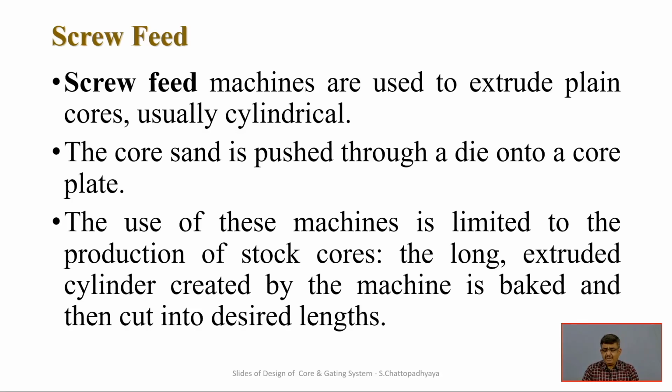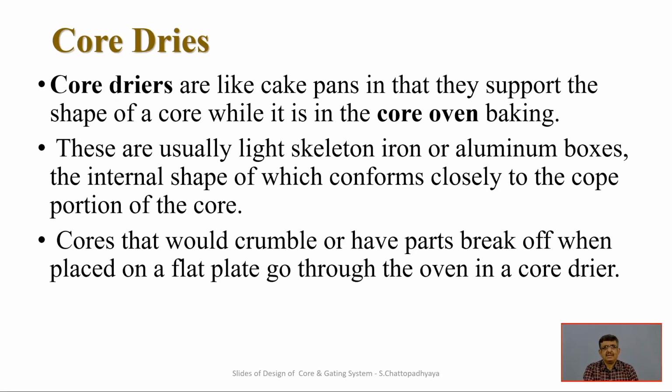That will be the productivity, because extrusion is not dependent on the length. Long length material can also be produced by extruders. So in one go, people will produce that, bake it, and cut across according to the dimensions, so multiple cores will be produced from one batch extrusion.